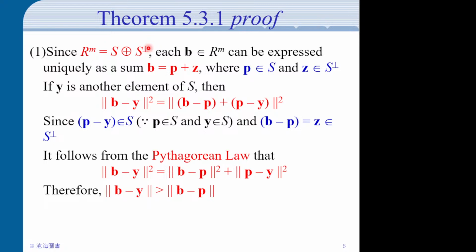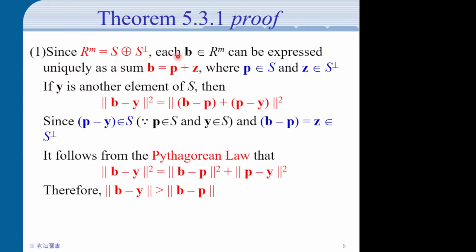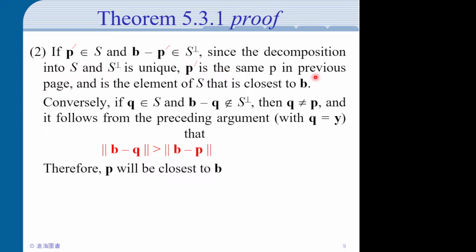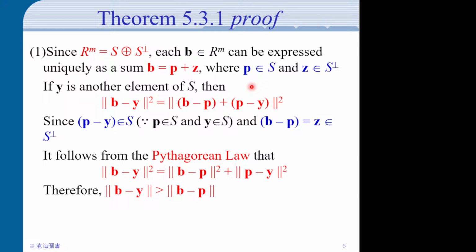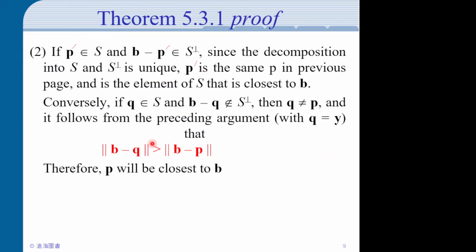So if p prime has this property, we have p prime plus b minus p prime also equal to b, obviously, with p prime in S and b minus p prime in S dual. Because this decomposition is unique, p prime must equal p, and that's the closest point to b. It's a lot of notation to say something a little dumb.